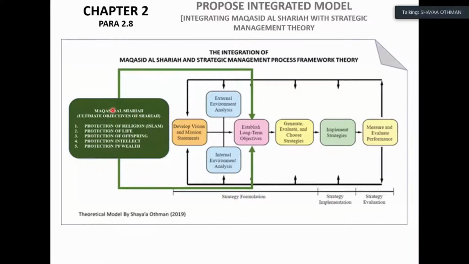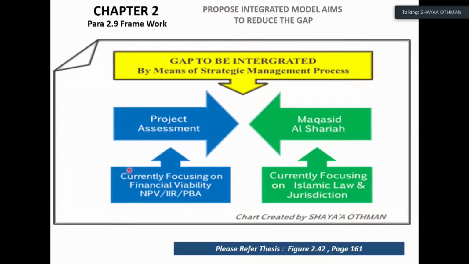So the objective is applying this as a corporate strategy. Maqasid al-Sharia means the ultimate objective of Islam. So you can just put it here, and we make sure that all our tactical objectives fulfill the required corporate strategy. This is just to reduce the gap.